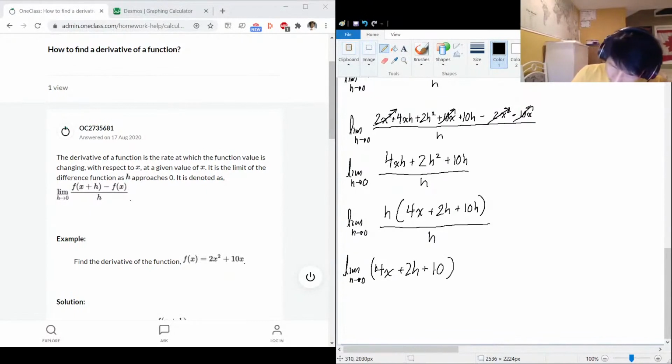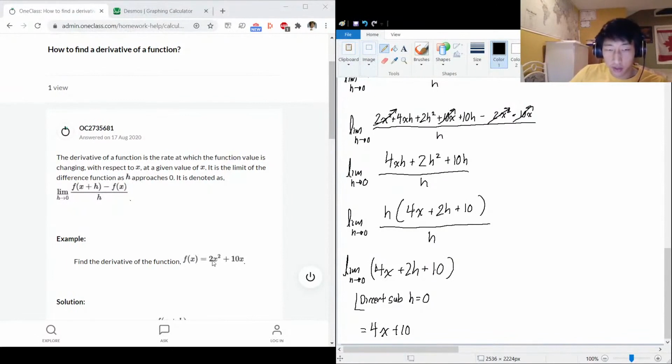Whoops, that h should not be there because it was factored out. My bad. Good thing I caught myself before the catastrophe happens. And then with the limits, we directly sub in h is equal to 0, and we get the result is equal to 4x plus 10. Because the term in the middle, 2h, when h equals 0, gets zeroed out.